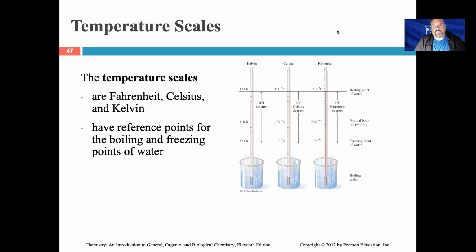Now, in terms of measuring temperature, there are actually three temperature scales that we come across. Two of them are probably familiar to you, and one of them might be somewhat new.